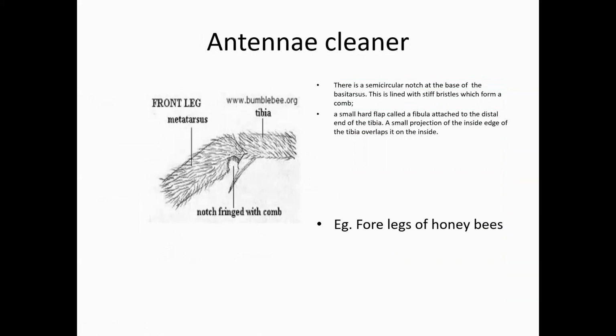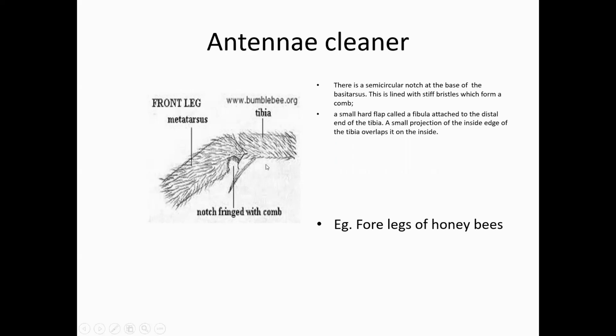Another type is the antennae cleaner. It is observed in case of, the example is again honeybees, but the modification is there only in case of front legs. So all the three castes of honeybees, they are having the modification of antennae cleaner. And here there is a basal notch at the base of the tarsal segment.